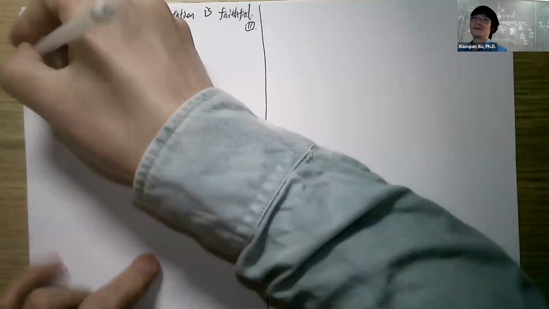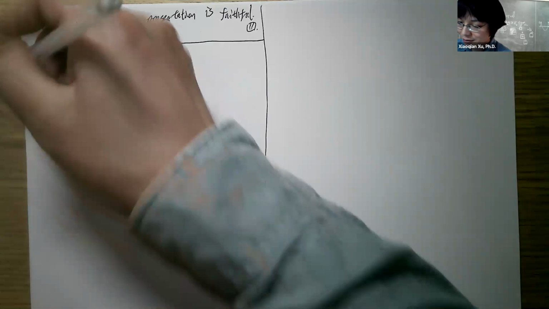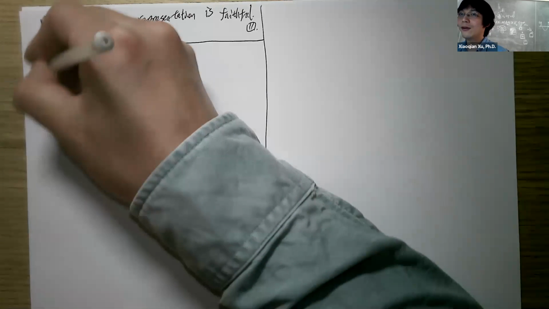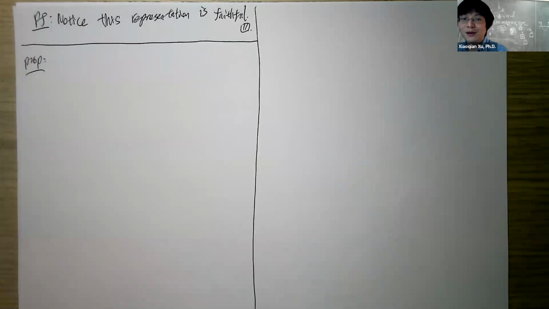If no more questions, then let's see another kind of operation that we have seen a lot last week, which is conjugation. Before conjugation, let me introduce this proposition so that you can get a warm up for our conjugation operation.